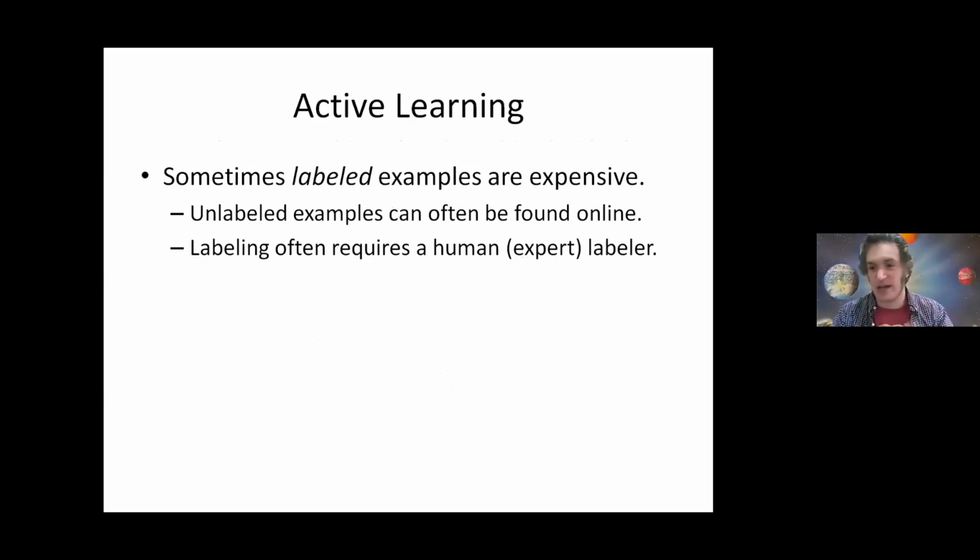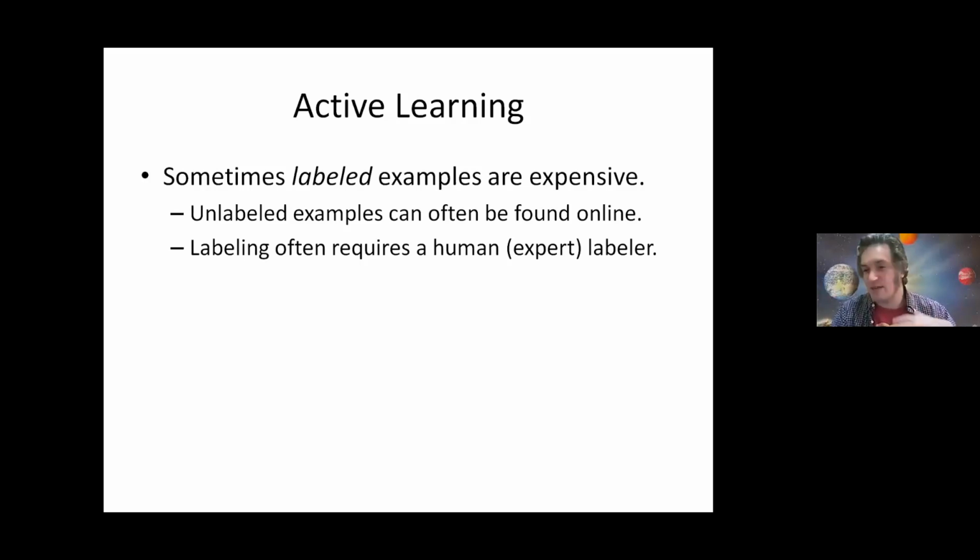You just go online and scrape the internet for pictures. Whereas if you want to label those examples, if you want to know which ones actually have cats in them or not, well, unless you already had a good algorithm for classifying, you'd probably need to go and ask a human. You'd have to have them spend a lot of time telling your algorithm which pictures have cats and which ones don't.